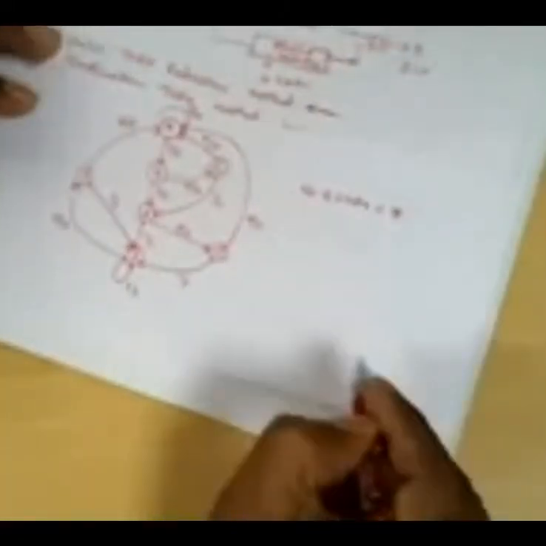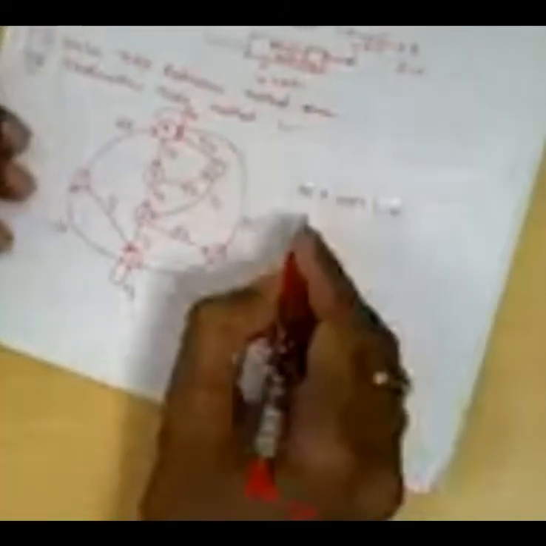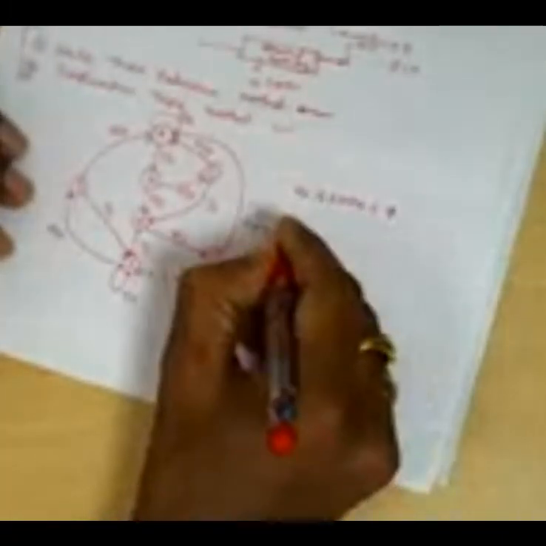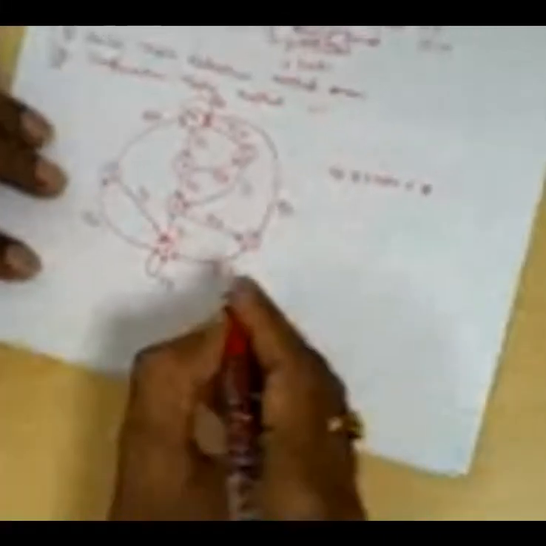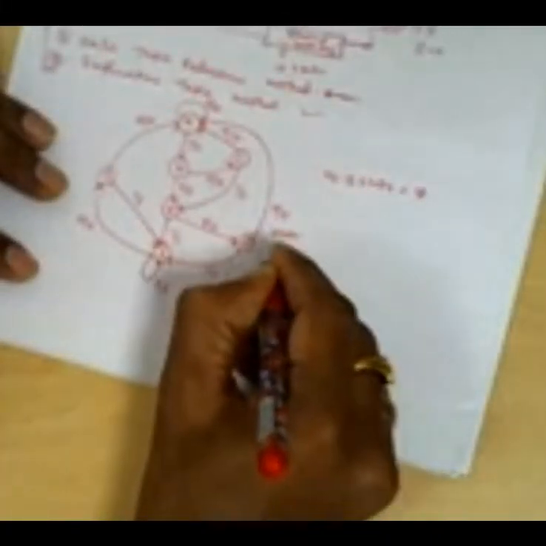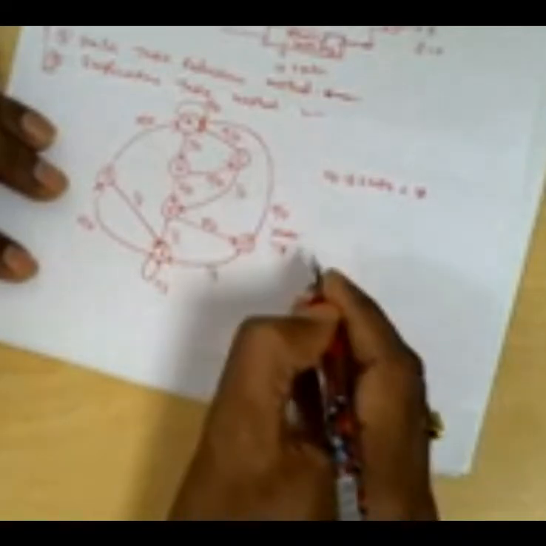So before going to such a reduction, now what I will do, I'm taking some states. Maybe I'm taking here, this is state, this is input, and this is output.